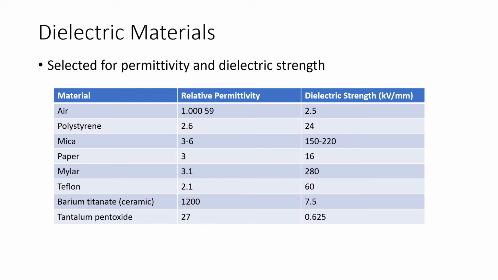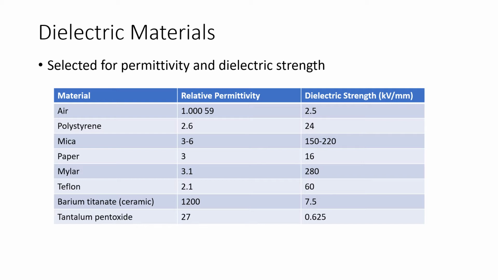Teflon, barium titanate, which is used in ceramic capacitors, and tantalum pentoxide, which is used to construct tantalum capacitors. And this list provides us with the relative permittivity values of these different dielectric materials.